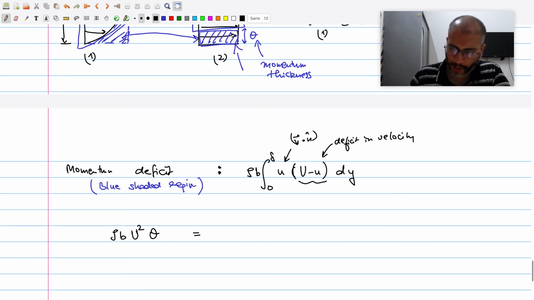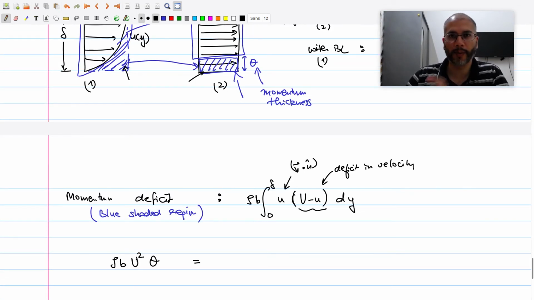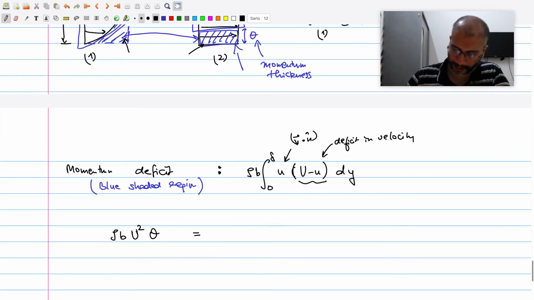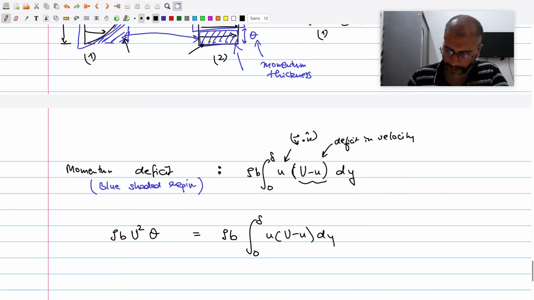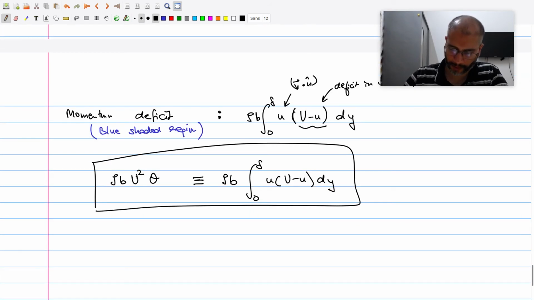And that will be equal to, because this shaded region here has to be equal to the shaded region here, because we are simply talking about the deficit being equal to that extra theta that is missing. So this would have been equal to rho b integral u times the deficit in velocity times dy. Okay, so this gives us the definition of theta, the momentum thickness.